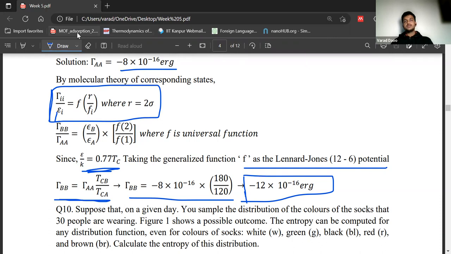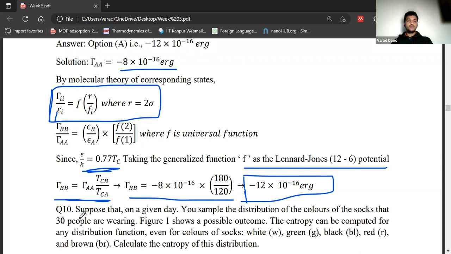I'll wait for a couple of minutes. If you have any doubt, you can ask. Otherwise, those who don't have any doubt can move on to the next question, which is a probability based question.